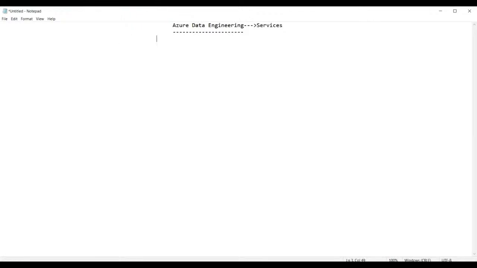Let us see what the first one is. We have the first one here as Azure Databricks. And then we have the next one after this, Azure Data Factory.